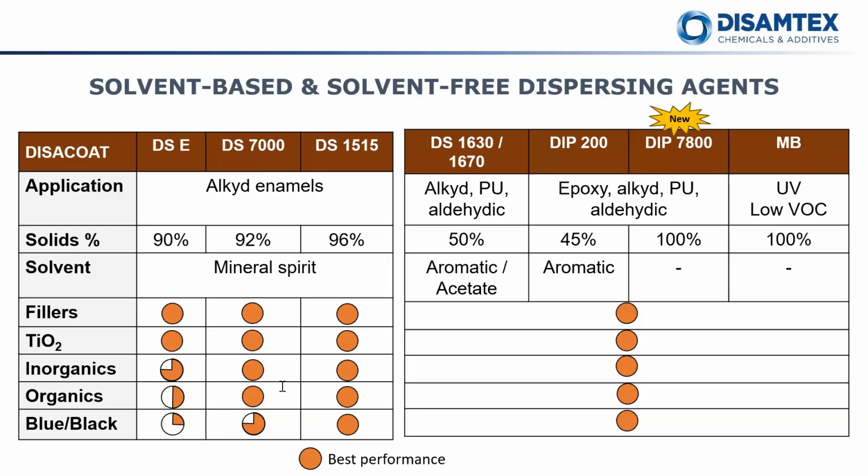And further on, DIP 7800 is our solvent-free dispersant, which also works well in several systems. And Disacode MB for master batches. The orange dots highlight where each product delivers best dispersion performance across fillers, titanium dioxide, inorganic and organic pigments.